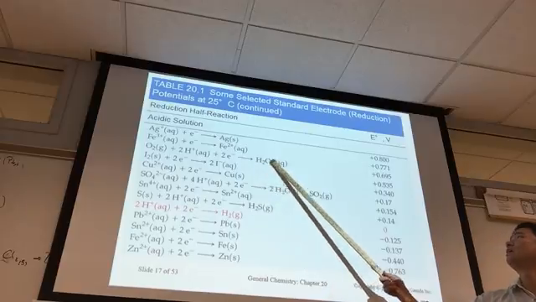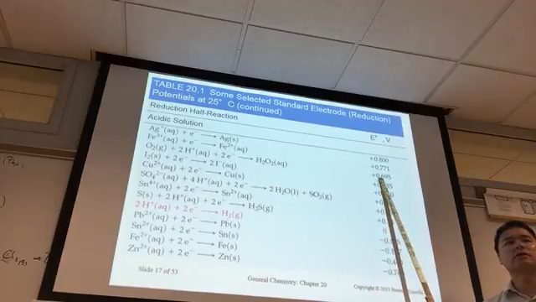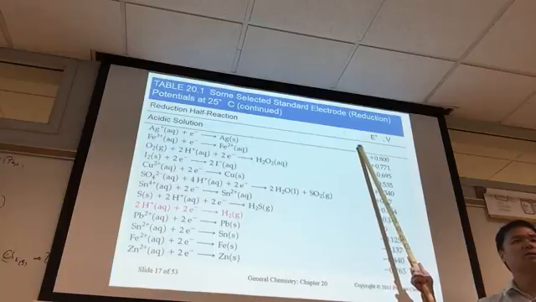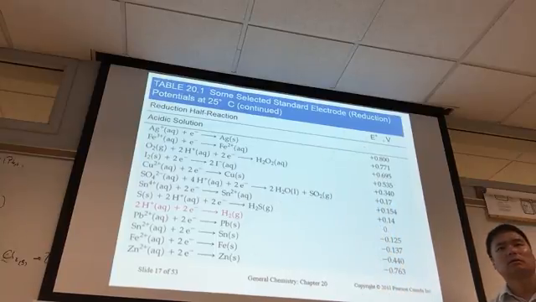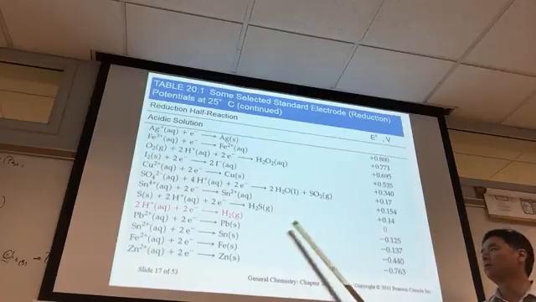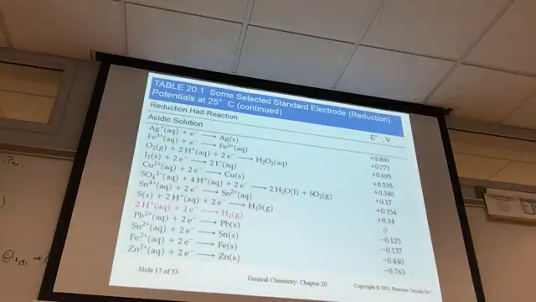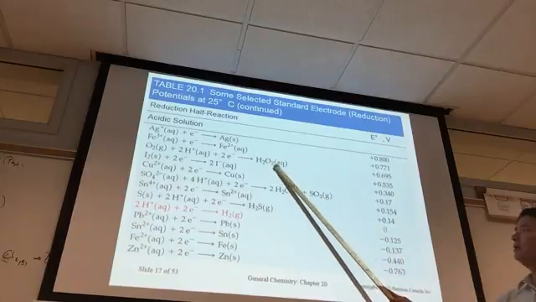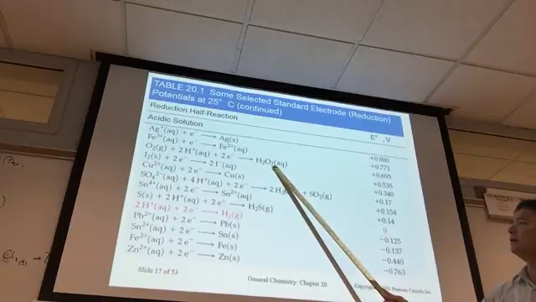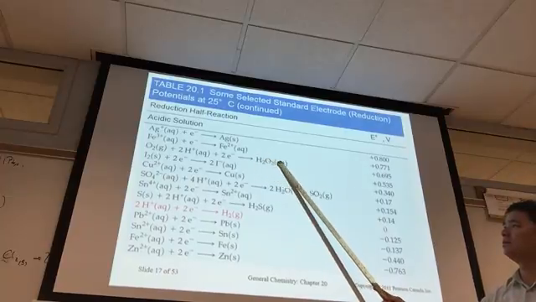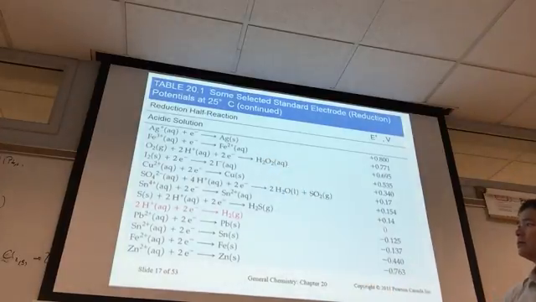We have this one at 0.695 volts and the other one at plus 1.229 volts. Which one do I take? The higher one, right? The higher the voltage, the more likely it is to occur. So we completely ignore this one. I mean, this one can occur under certain circumstances.